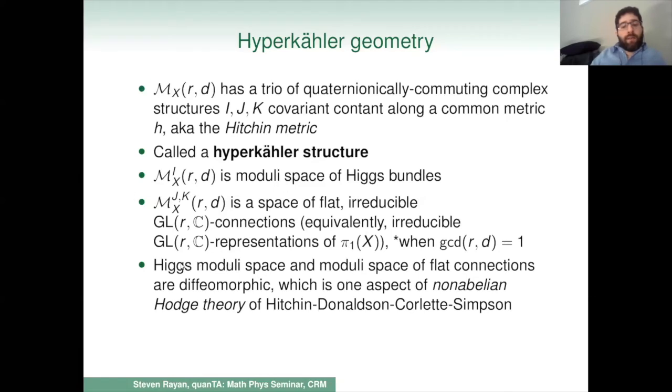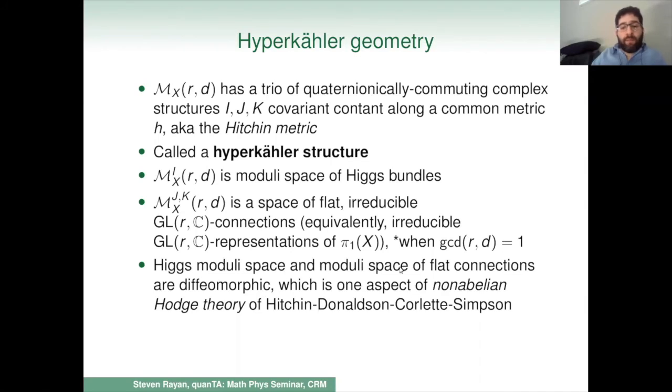Now, the Higgs bundle moduli space, so I is a different complex structure than J and K. They are not isomorphic in any sense. But the underlying smooth structure here, there's a diffeomorphism. So the moduli space of Higgs bundles and the moduli space of flat connections, these are diffeomorphic, and this is called non-abelian Hodge theory.